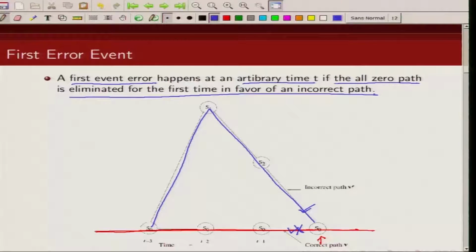The first instance when I do that is basically my event error, because I should have chosen the all 0 path, but at this instance the metric corresponding to this path was better. So, I chose this and eliminated the other path, but this is a wrong path because my transmitted code word was the all 0 sequence.